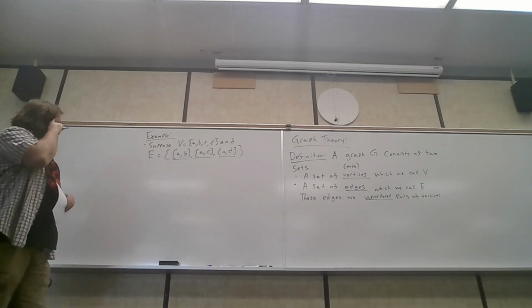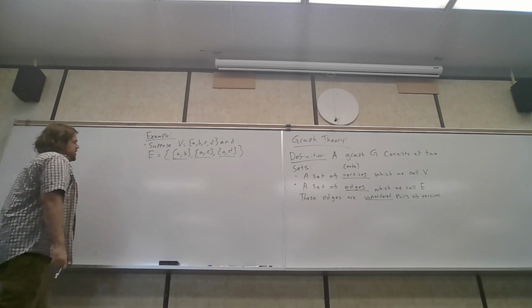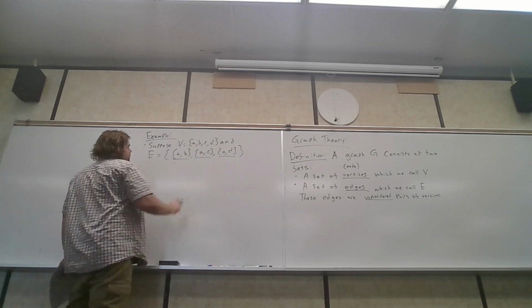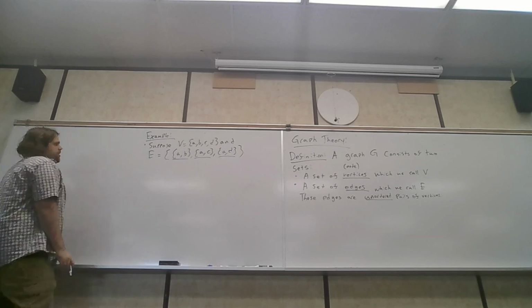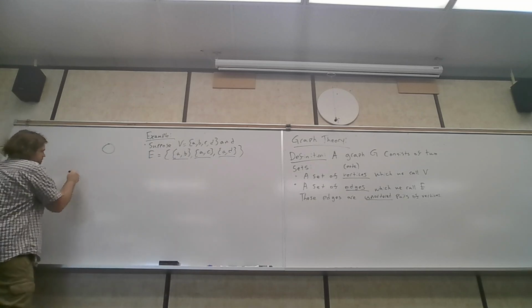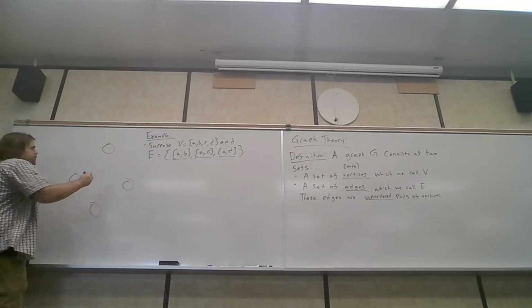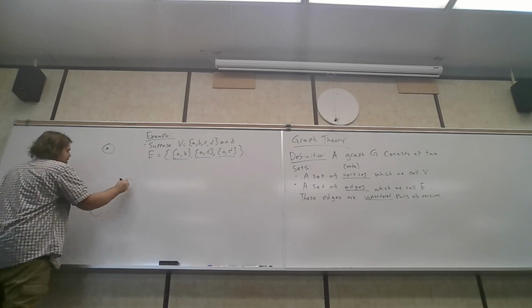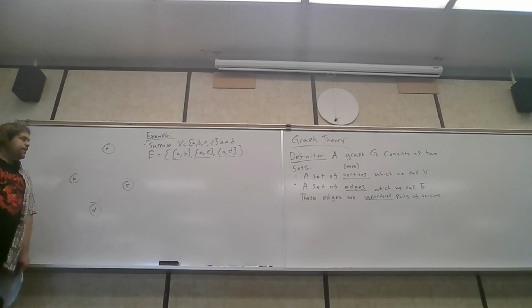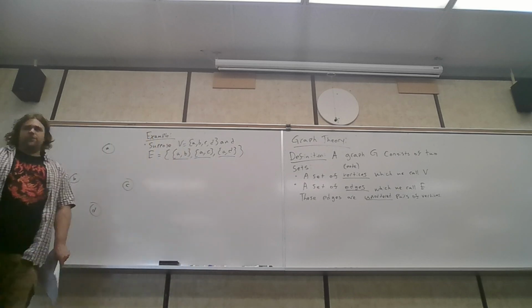Now when we're talking about a graph, why do we call it that? Well, generally speaking, we will visualize this thing. Each of these vertices we'll draw as circles, and we'll fill them in with A, B, C, and D. Now these are edges because they indicate a connection between these vertices.